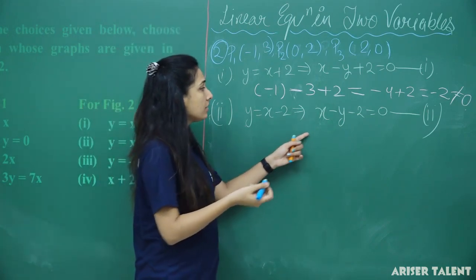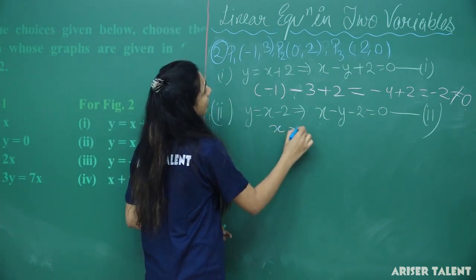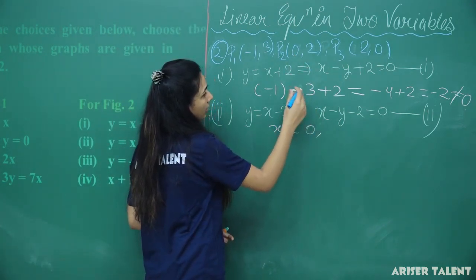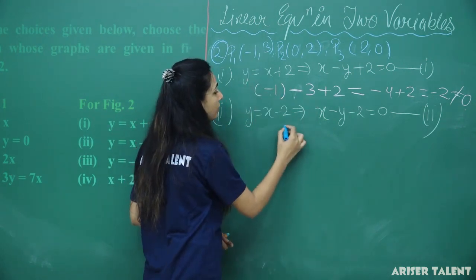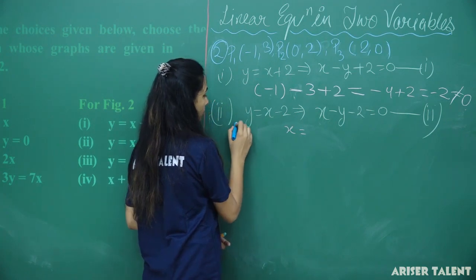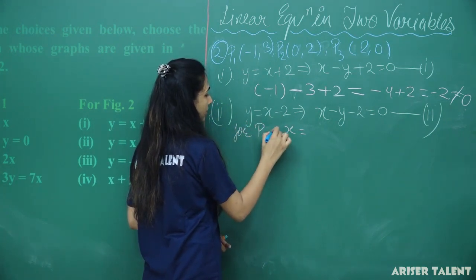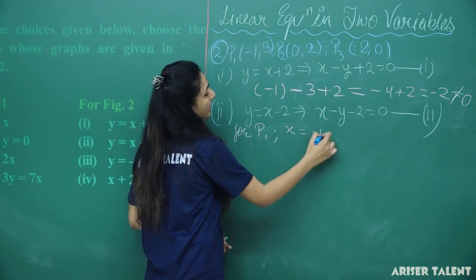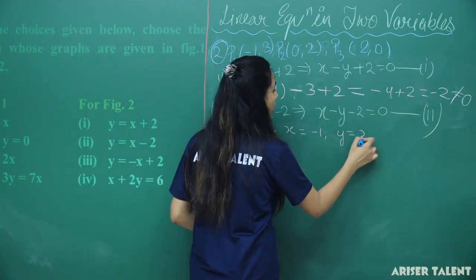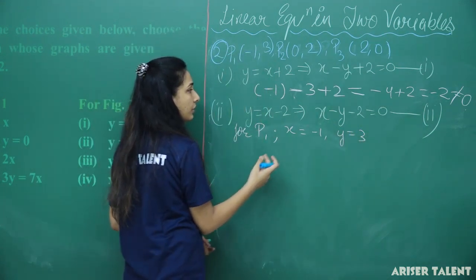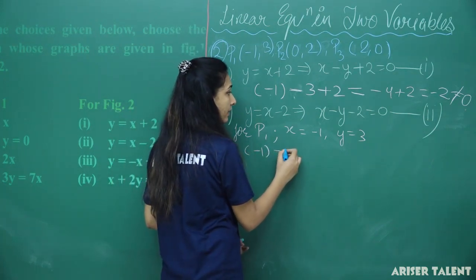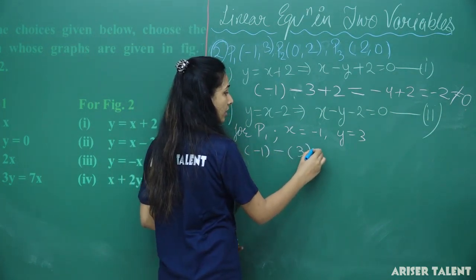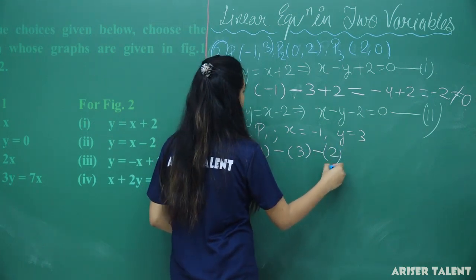The value of x is, sorry, in this case it is minus 1 for P1. For P1, x equals to minus 1, y equals to 3. Putting values in equation 2, we will be getting minus 1 minus 3 minus 2.